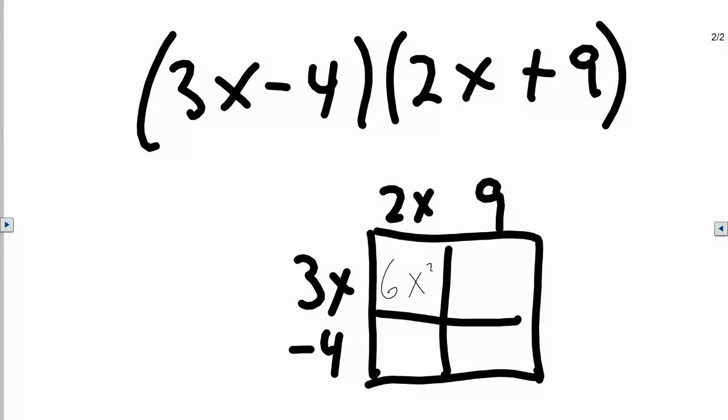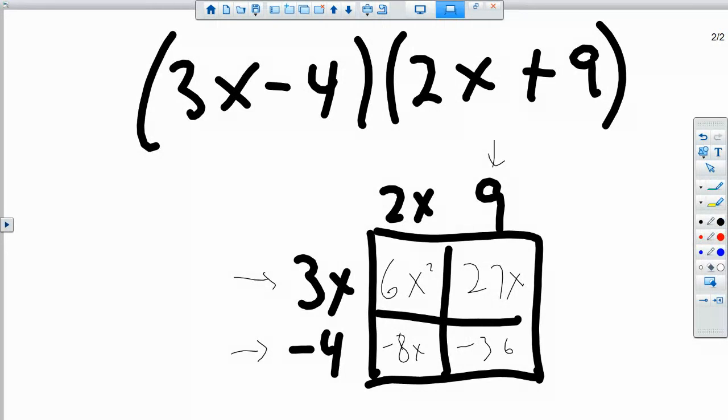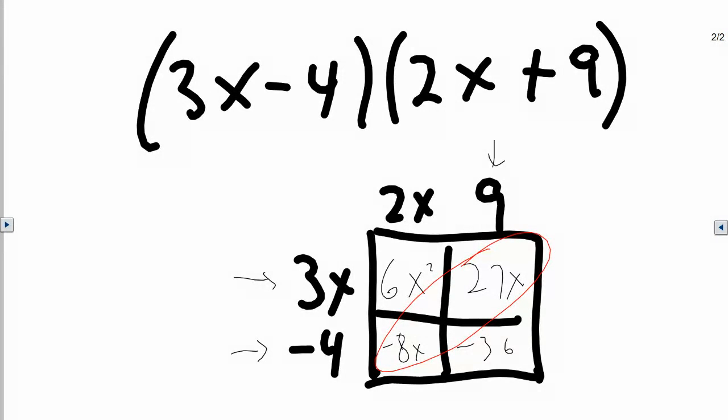2x times 3x makes 6x squared in this box, because 2 times 3 is 6, and x times x. The next one over here is 9 times 3x. That would be this one times this one. 9 times 3x is 27x. Then we multiply -4 times 2x, which is -8x. And -4 times 9, which is -36. Just like on the last problem, these two things along these diagonals are going to be like terms because they both have just an x in them.